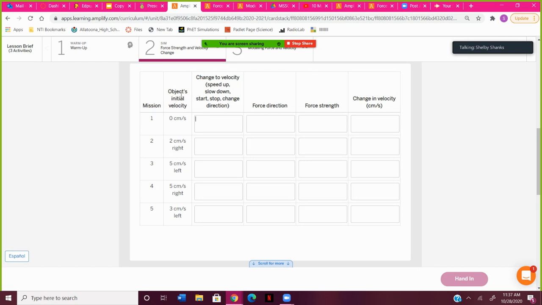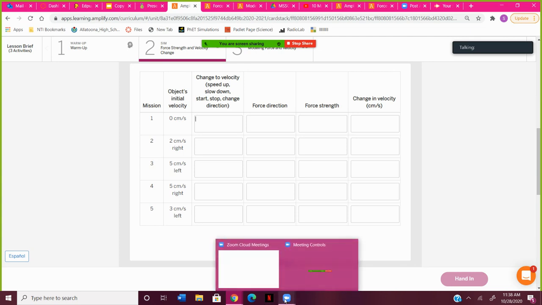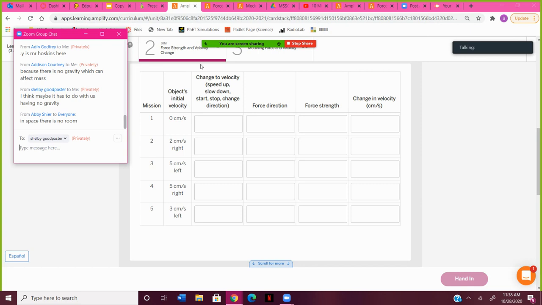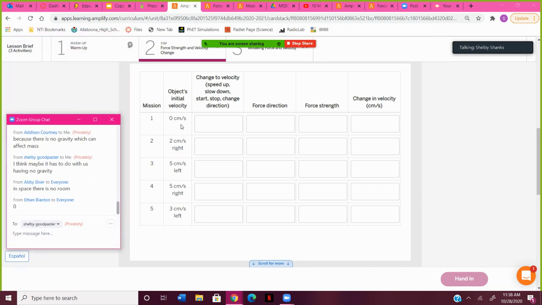So my object's initial velocity. What is my object's initial velocity in this first mission? Zero, correct. Ethan said it's 0. So that means that it is not moving at all.